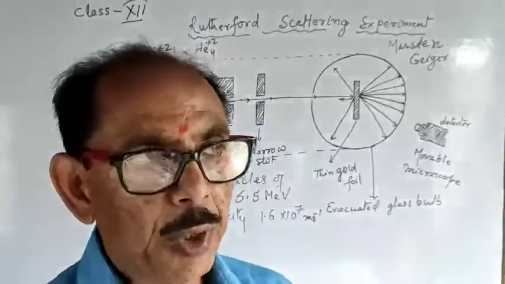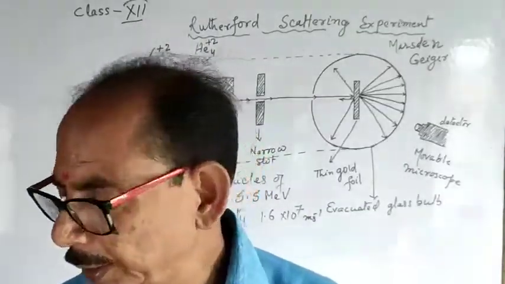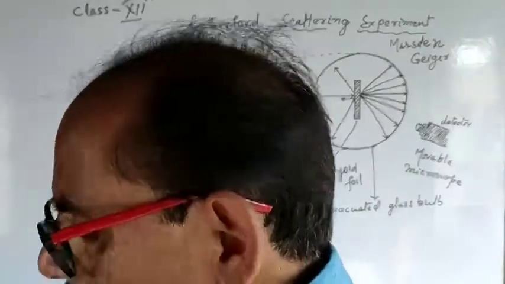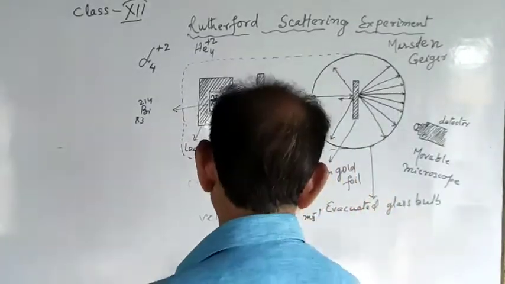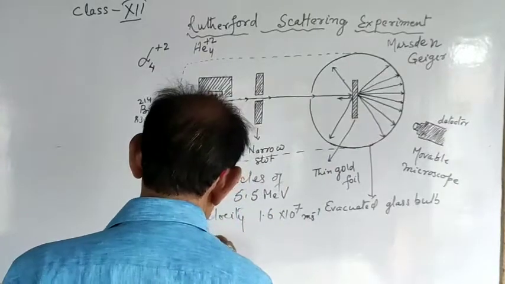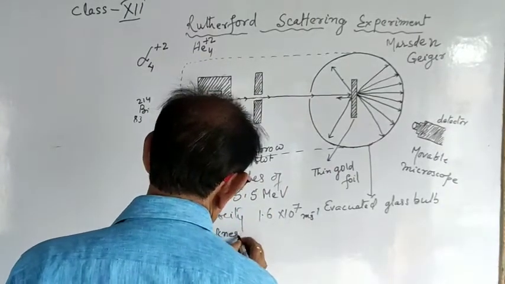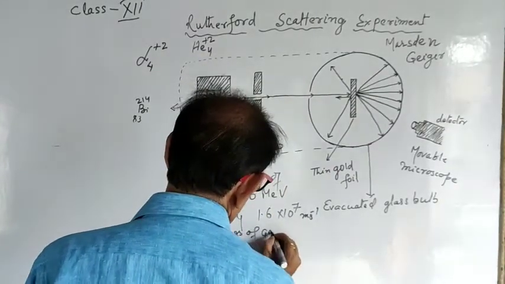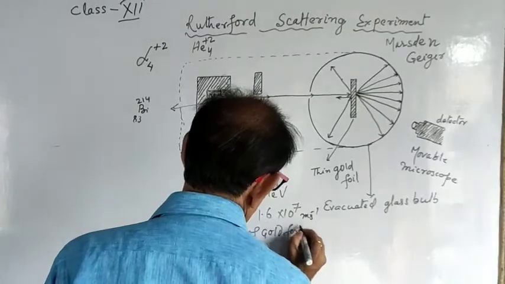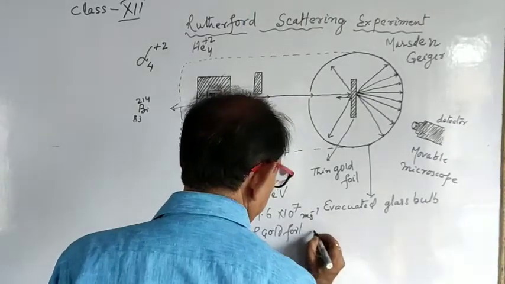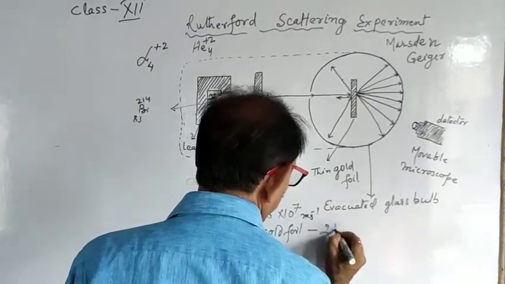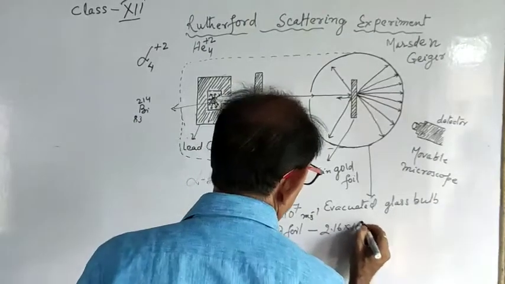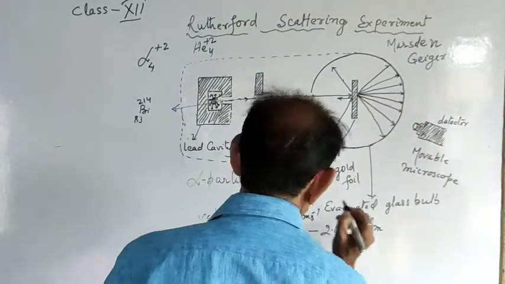The thickness of the gold foil is nearly 2.16 into 10 to the power minus 7 meter.